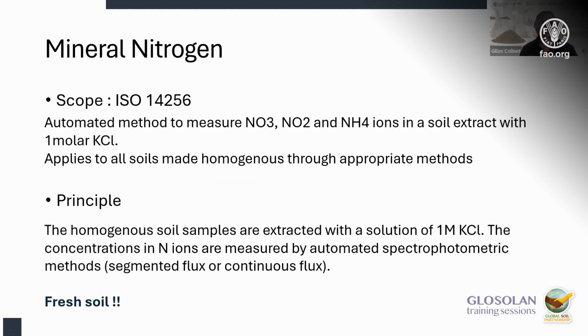So what changes in the ISO method that we used? The ISO is an automated method to measure nitrate, nitrite, and ammonium ions in soil extract with 1 molar potassium chloride. It also applies to all soils, provided you made them homogeneous, of course.